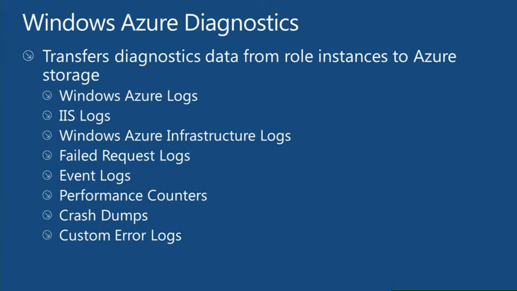So if the role instance goes down, you usually will have something that tells you why it went down, maybe your app crashed, something like that. You need to get to that diagnostic data. So Windows Azure Diagnostics will actually move that over in a specified time interval that we'll look into and you can specify. Move it into Azure storage so you can get to it, which is a good thing.